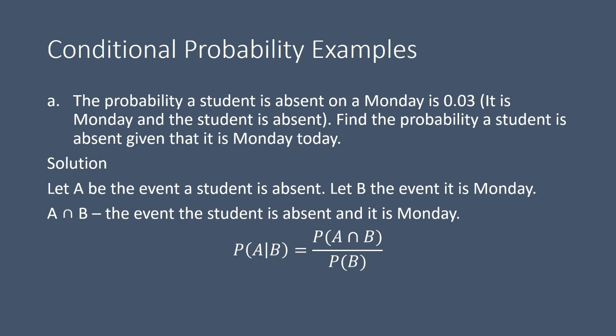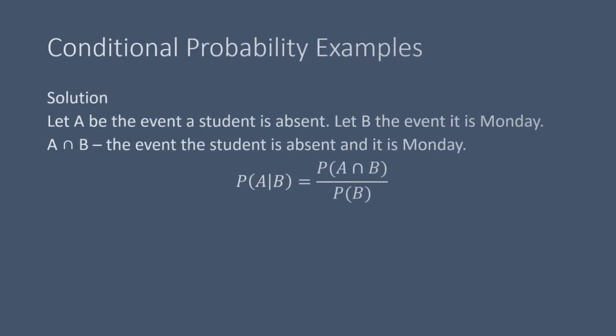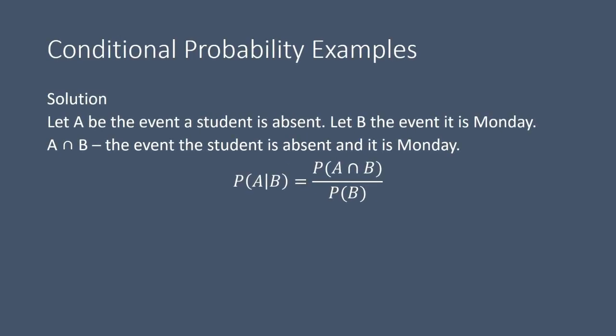So the probability of A given B is equal to the probability of A intersection B divided by the probability of B. So let us describe the event A given B. So this is like the student is absent given that it is Monday today. And so P of A given B in words is, what is the probability this student is absent given that it is Monday today? And it is equal to this. So P of A intersection B is equal to 0.03.